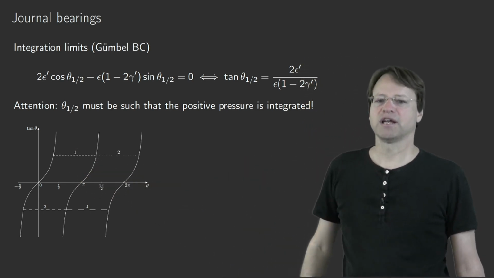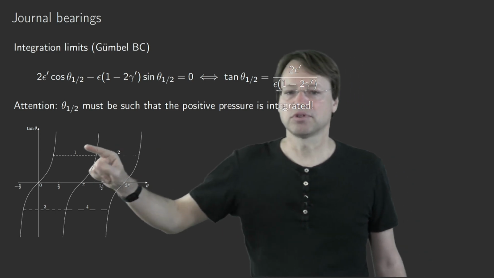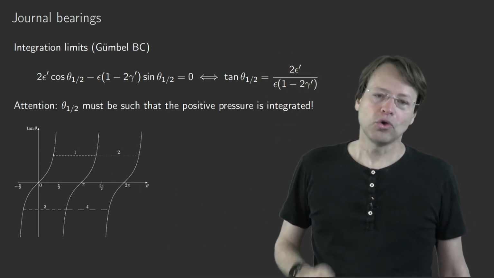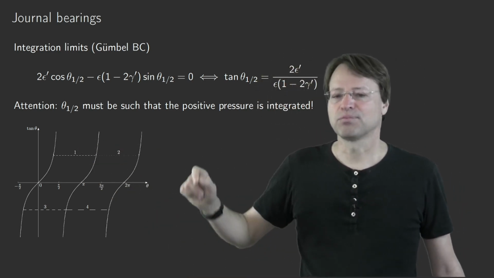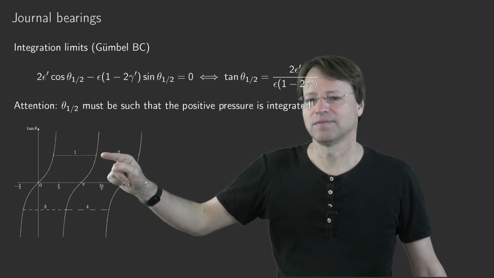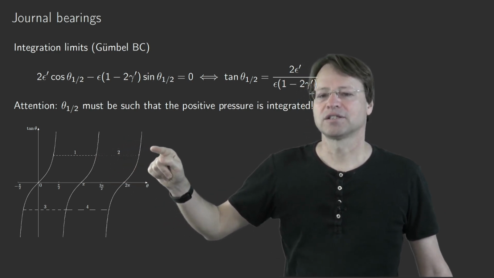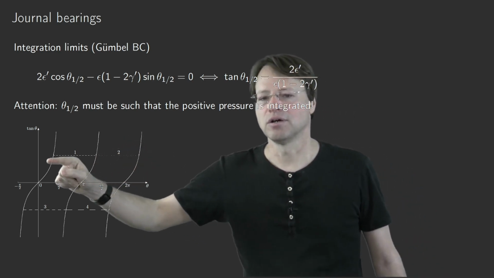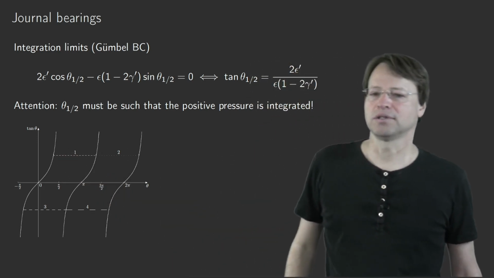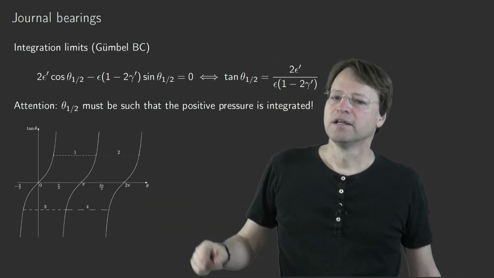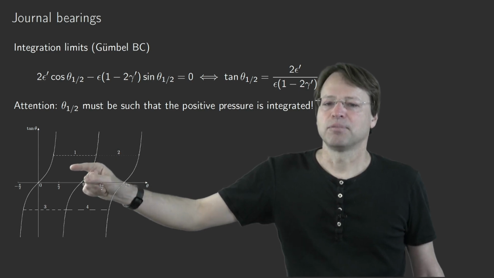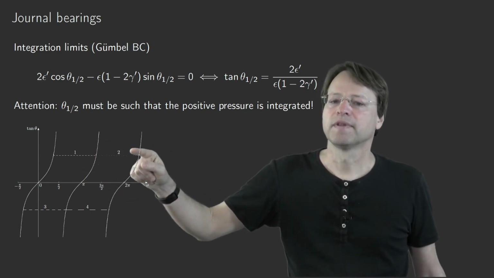And now my question again, are you sure that this is your positive pressure hill? Or couldn't it be that the positive pressure hill just starts here at that point, and then ends there, which would be over there if you include periodicity of the tangent function? Yeah? So the question is, is the positive pressure hill here or there?